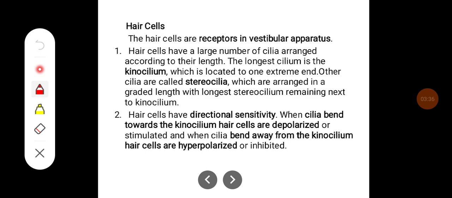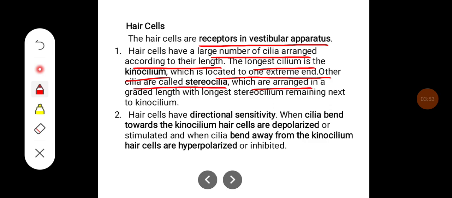The hair cells are the receptors in vestibular apparatus. Hair cells have a large number of cilia arranged according to their length. The longest cilium is the kinocilium, which is located at the extreme end. Other cilia are called stereocilia, which are arranged in a graded length with the longest stereocilium next to the kinocilium.